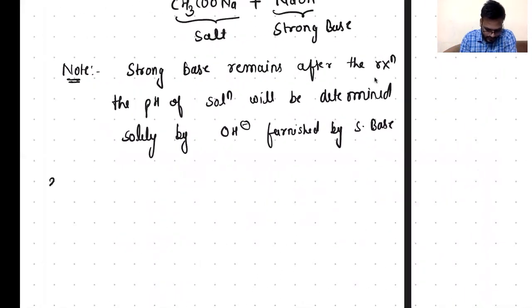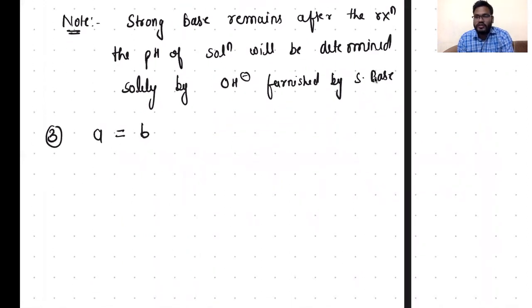There can be another case where the milliequivalents of acid and base are equal to each other. In that case, acid and base both will behave as limiting reagents, and after the reaction both will get consumed and the final product will be only a salt, that is CH3COONa.